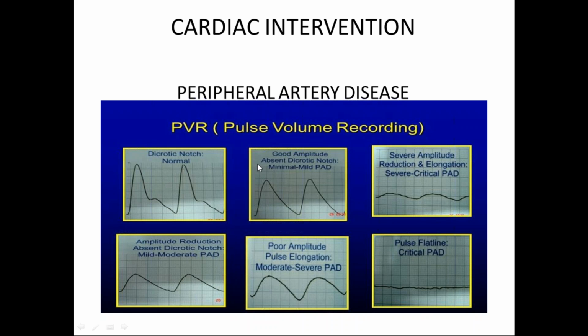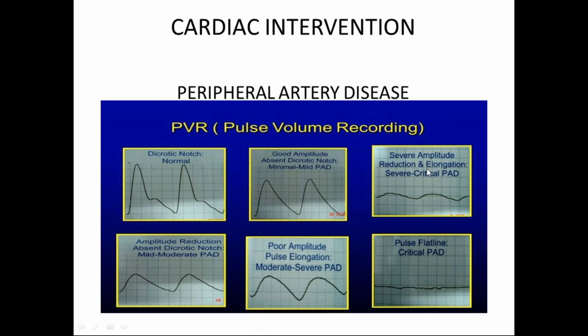And then when you have disease, one of the first things to go is the loss of your dicrotic notch. So this is the dicrotic notch. So you have loss of dicrotic notch. The amplitude is reduced somewhat. The upstroke is not as steep as over here, and the downstroke is not steep, it's flattened.